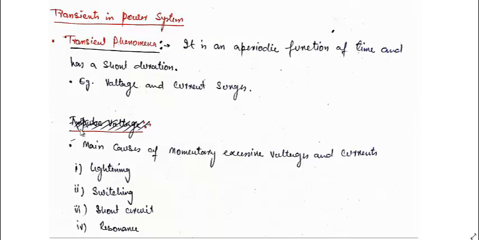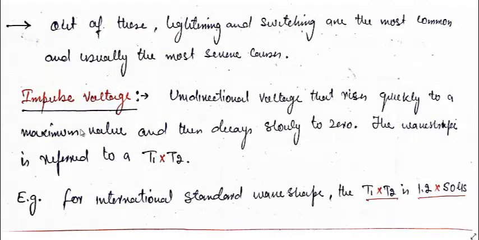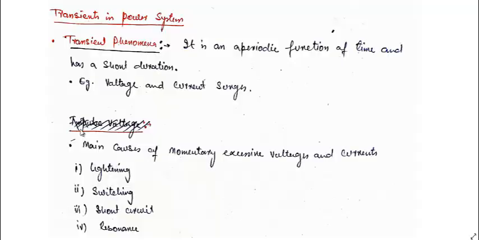Whenever there is a resonance between the capacitive elements and the inductive elements of the power system, it results in excessive voltages in the system. Out of these, lightning and switching are the most common and usually the most severe. Resonance and short circuits are not usually the most common.